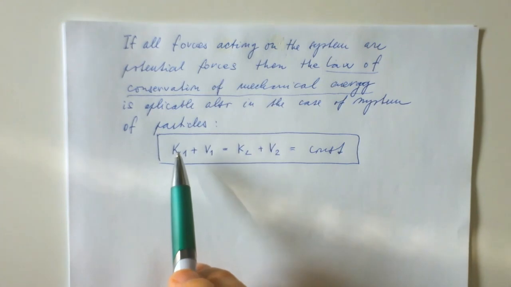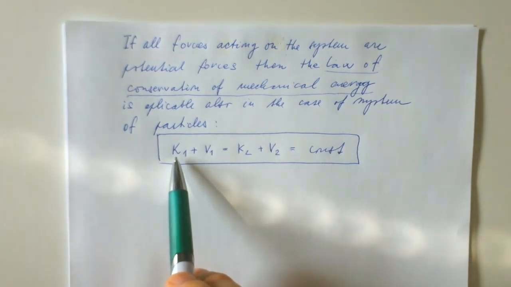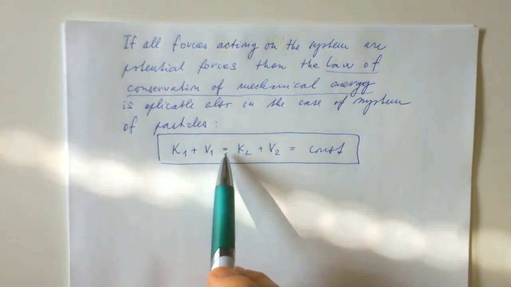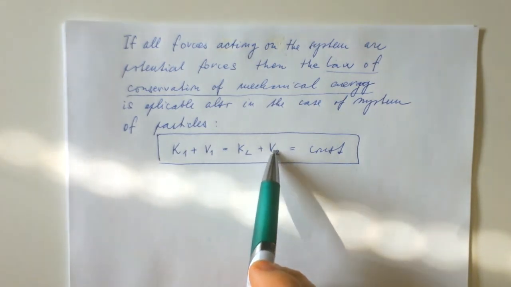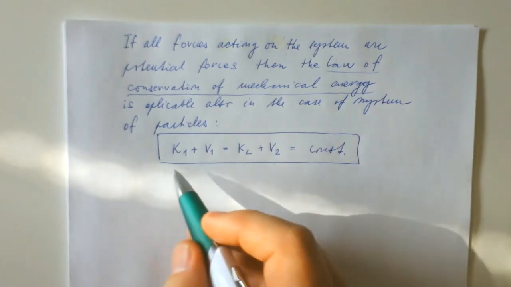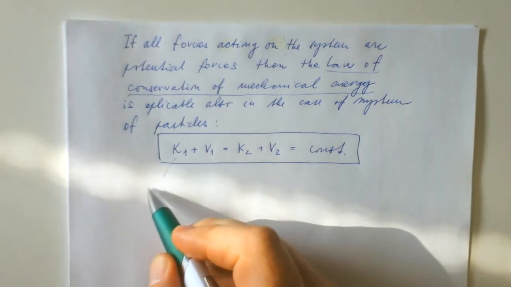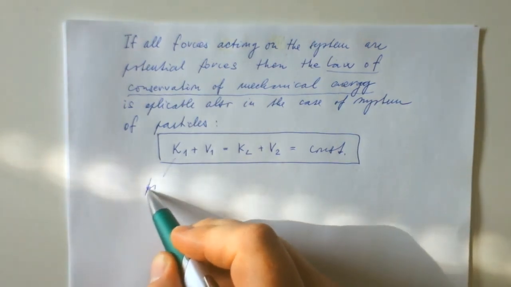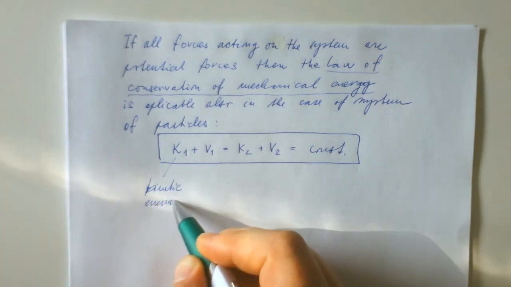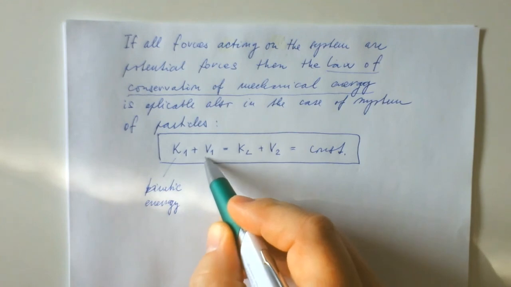So kinetic energy at state 1 of the system plus potential energy at state 1 of the system is equal sum of kinetic and potential energy at state 2 and is constant. Okay, so it's potential, also kinetic energy and potential energy.